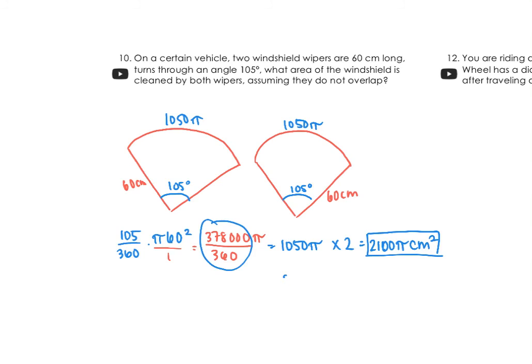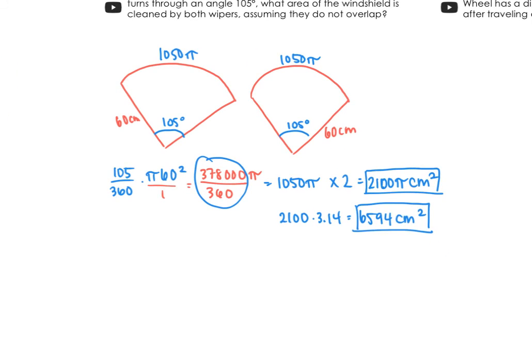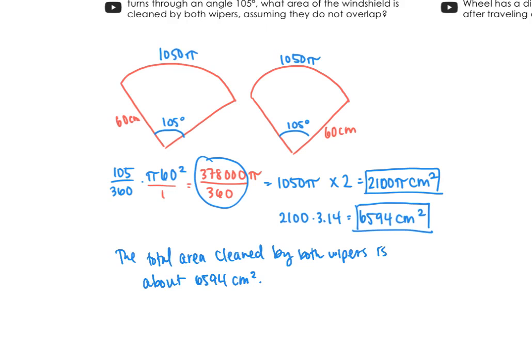Okay, then to get my approximate, 2100 times 3.14, you get about 6594 centimeters squared. So the total area cleaned by both wipers is about 6594 centimeters squared.